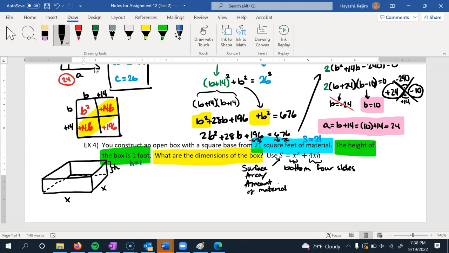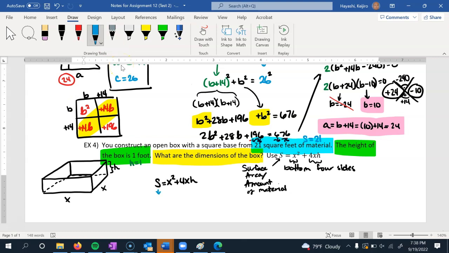So we're going to start with this formula that's given to us, just the same way that we started with the Pythagorean theorem on the previous one and the area formula on the ones previous to that. So S is equal to x squared plus 4xh. Do we have something to substitute S with?